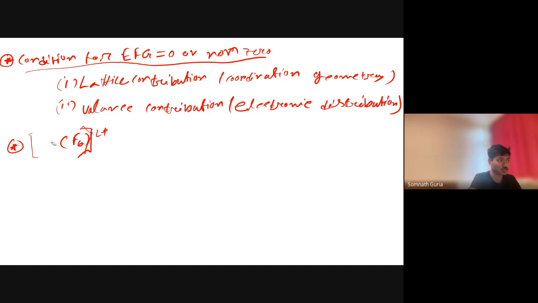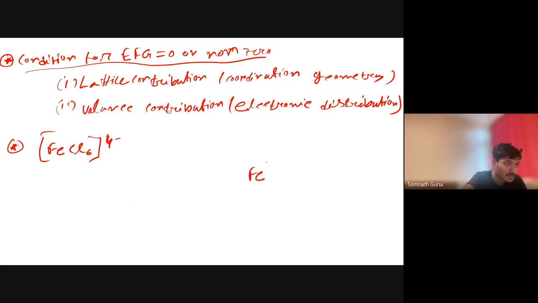Let's take a ferrous chloride compound, FeCl6 4 minus. That means iron is in the iron 2 state.